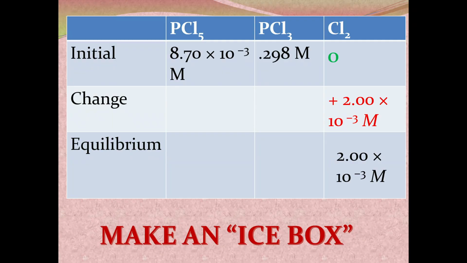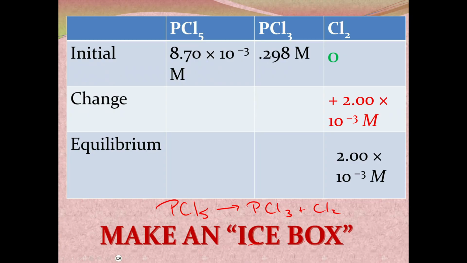But the reaction is PCl5 goes to PCl3 plus Cl2. It's all a 1-to-1 relationship, which means if I make that much chlorine, I have to make that much PCl3 as well. Remember, my reaction is PCl5 goes to PCl3 plus Cl2.